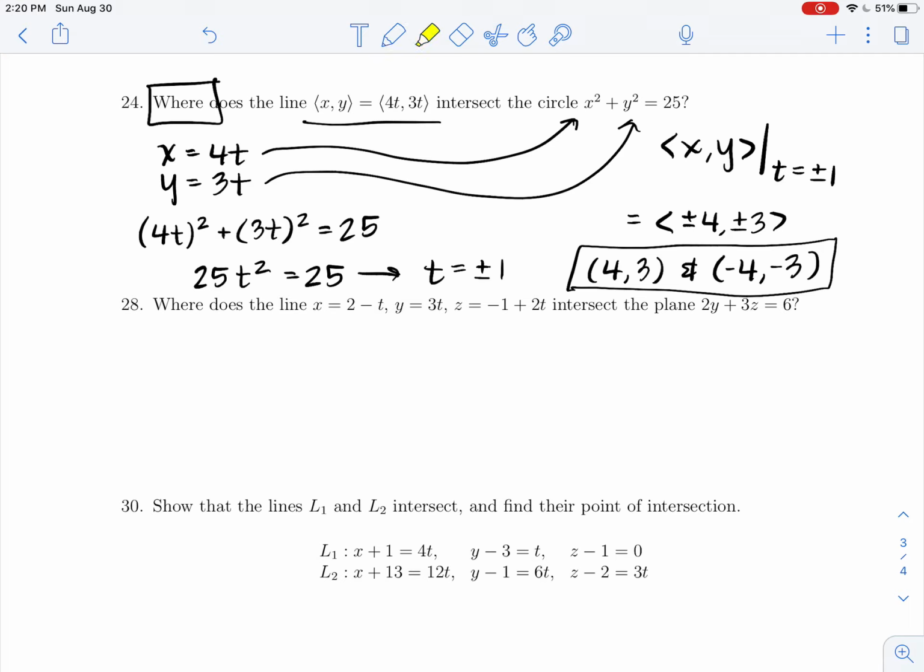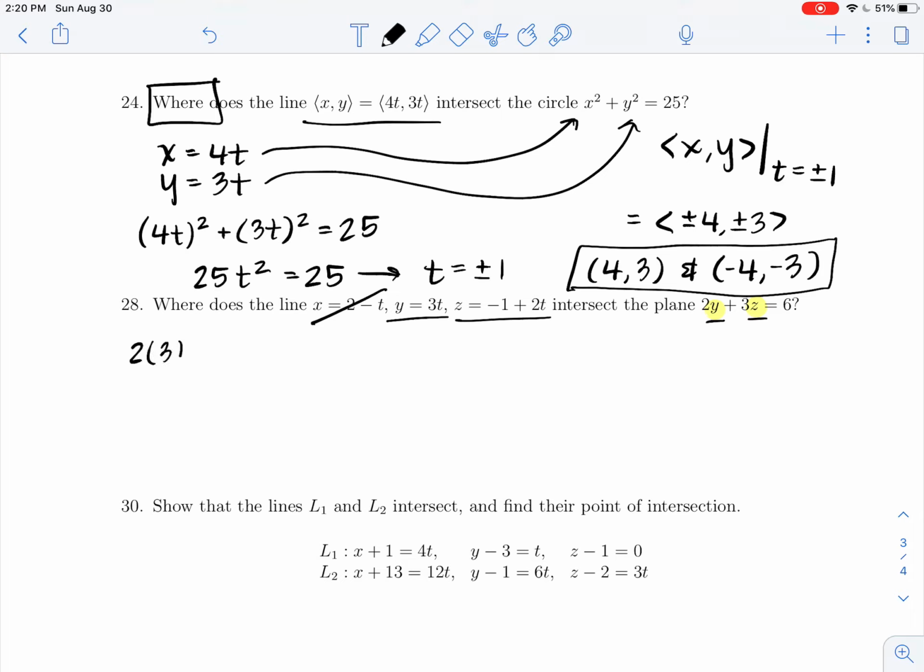Now you'll notice that the plane only involves the variables y and z, rendering this x equation useless because the plane doesn't depend on x. So what I'm going to do is take my y and z equations, plug them in for y and z in the plane, and solve for t.